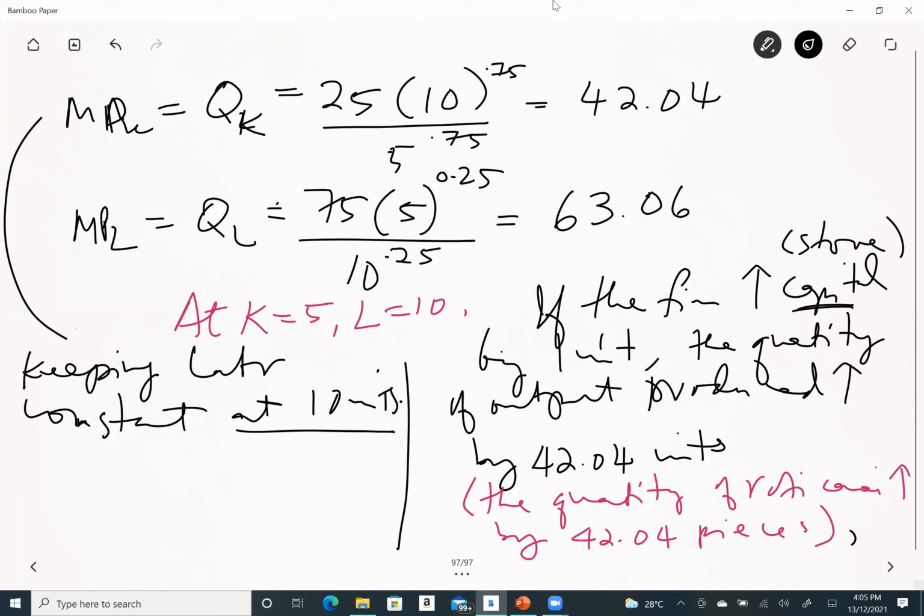So I want you to do the explanation for the MPL. You follow what I write here. First, you have to state the point where you take the derivative. Secondly, you have to say which variable you keep constant.